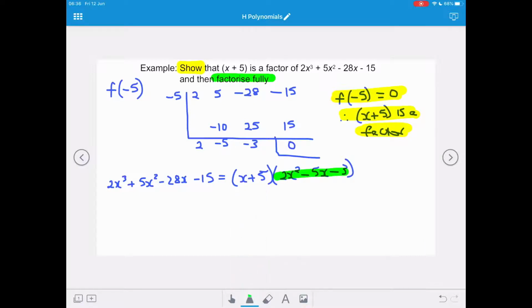And we need to factorize that second bracket. So we've got x plus 5 upon 2x plus 1 x minus 3.